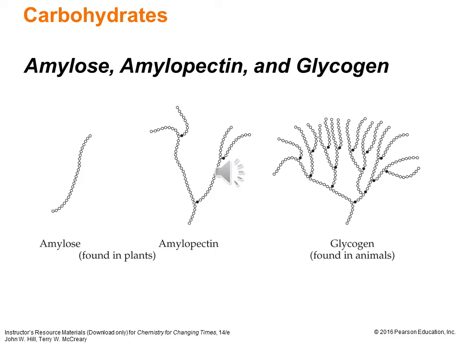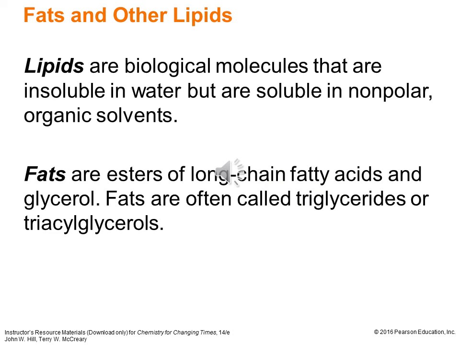Amylopectin, where you have some branching to the chains. Both of those are starches that you'd find in plants. And then finally the glycogen, the so-called animal starch, is much more highly branched, even more highly branched than the amylopectin. And again, these are just three different polysaccharides which are made up of these glucose monomer units.